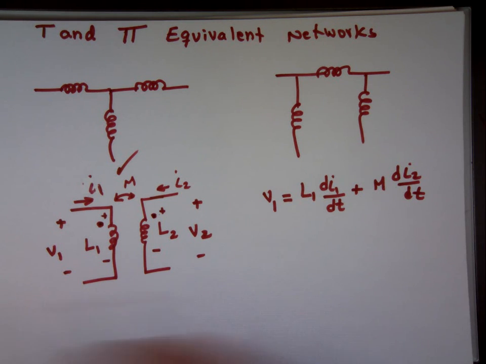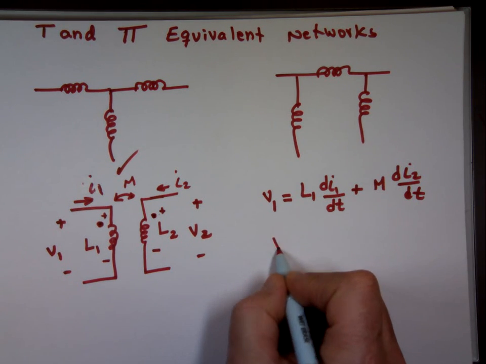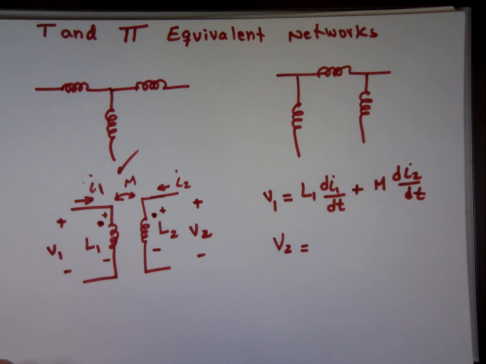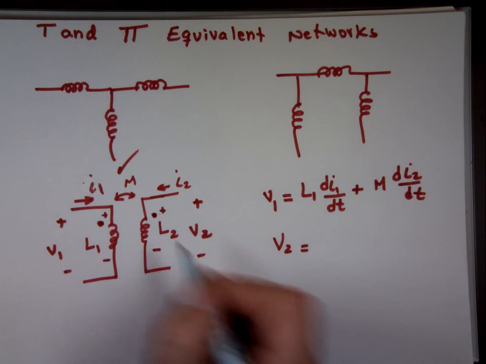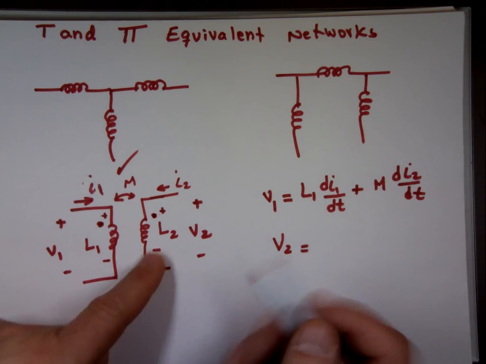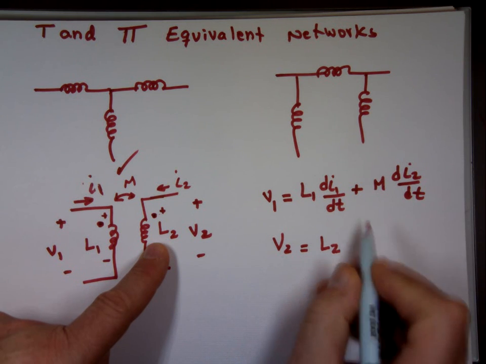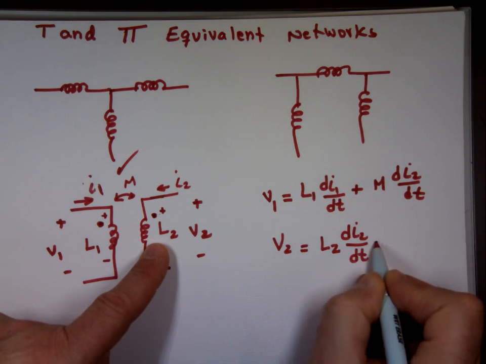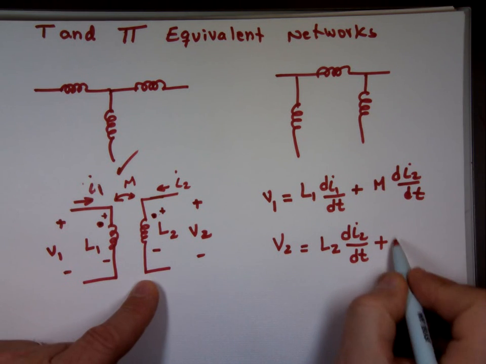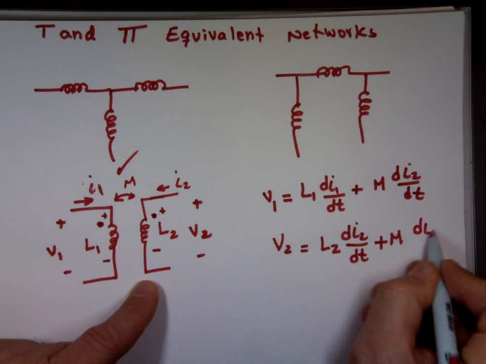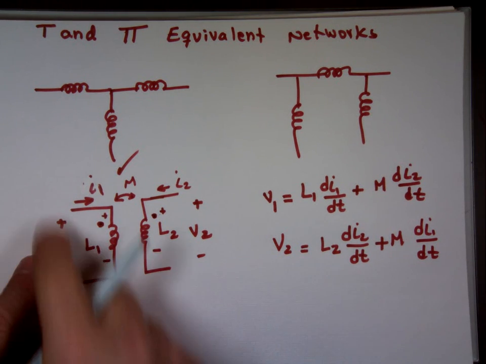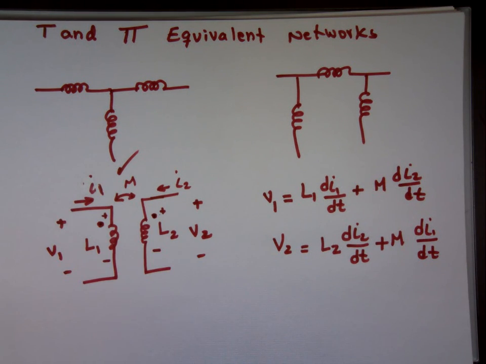And what about V2? Let's look at V2. That's the voltage here. It's going to be L2 di2/dt, and this will again be plus M di1/dt. So when you look at the circuit, that's what V1 and V2 are based on the mutual inductance.